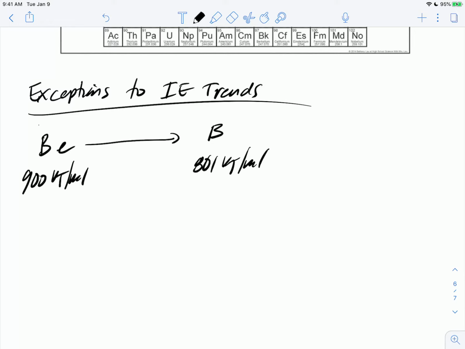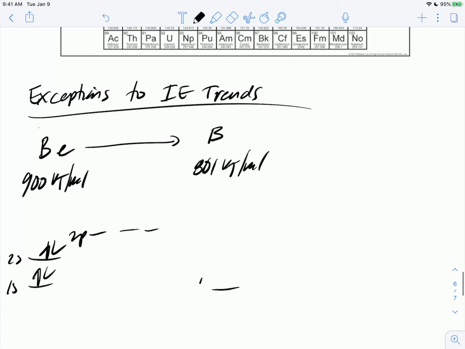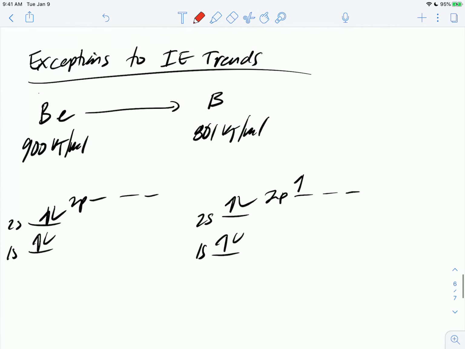So if we look at beryllium, beryllium has 1s, 2s, and no 2p electrons, where boron has that one 2p electron. So 1s, 2s, 2p, and then one in the 2p. Okay, and so then we ask ourselves, the first ionization energy, IE1, is going to be removing this electron.